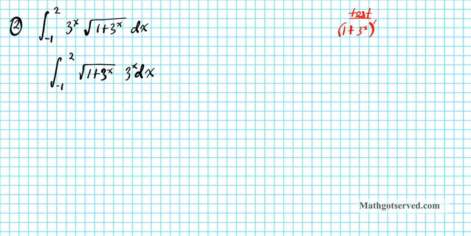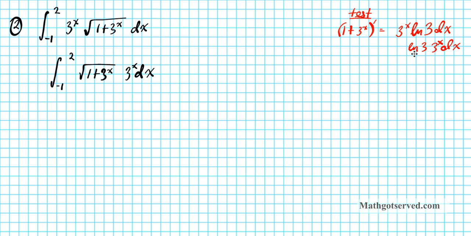If I differentiate this, this is going to be 3 to the x times the natural logarithm of the base 3, dx. Now let's take a look at these two. This is perfect because this right here is a constant. We can look at this ln 3 times 3 to the x dx. So what we have is a multiple of 3 to the x. We're multiplying ln of 3 times 3 to the x dx.